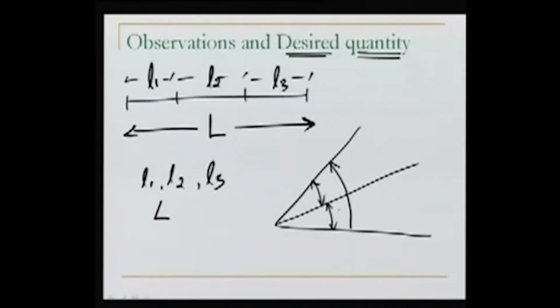Similarly here, let us say our desired quantities in this case are alpha 1 and alpha 2, but we have also observed alpha 3.